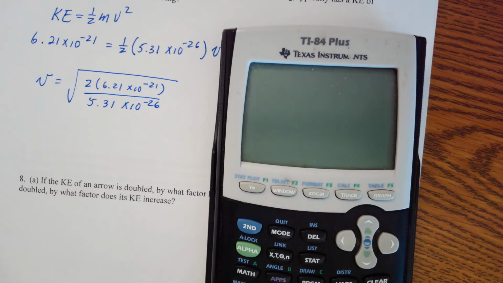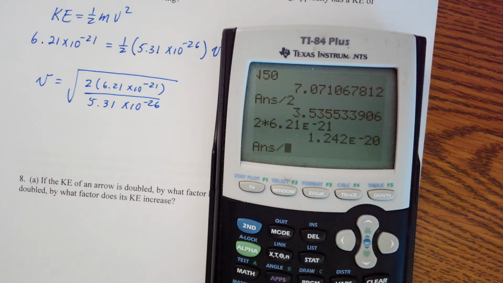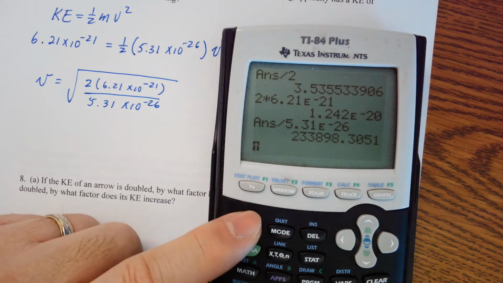So let's see what we get when we work this thing out. So we get 2 times 6.21 EE negative 21st power, and then you divide that by 5.31 EE negative 26 power. And then you have to square root that.